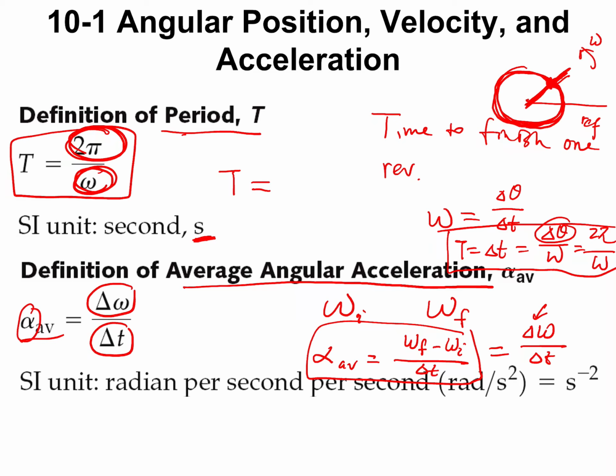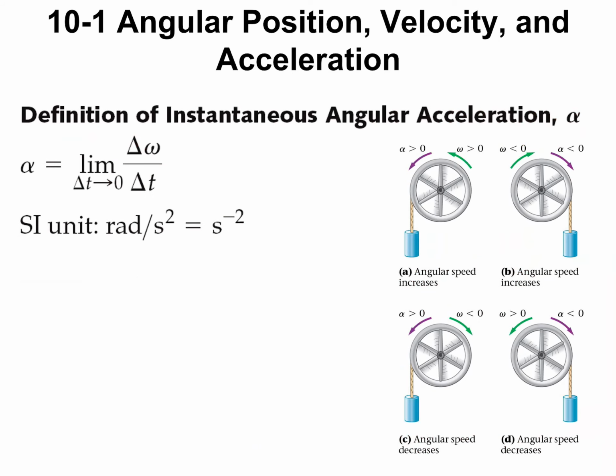And what's the unit for alpha, angular acceleration? The unit for angular velocity is radian per second, and the bottom part is second, so this is radian per second squared. And the dimension here is 1 over second squared. So this is the average angular acceleration.